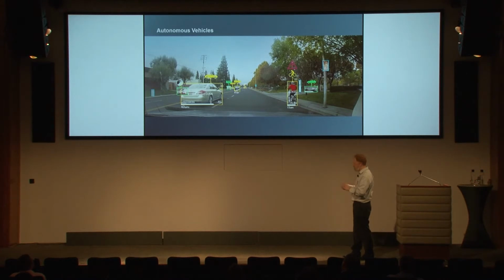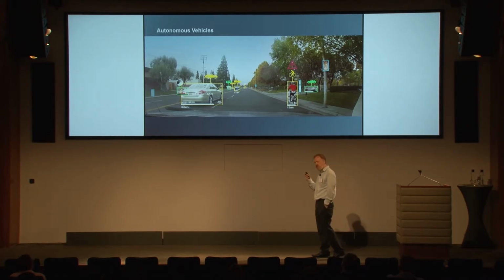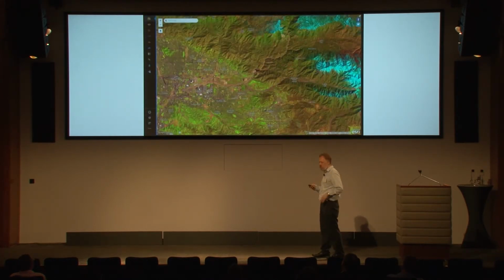Is it a person? Is it something hard that I don't want to hit? Is it something squashy that I probably shouldn't hit? So there's been a lot of advances driven by autonomous vehicles. But one of the really interesting things is you can take those same models, that have been trained on huge amounts of data, and apply them to Earth observation challenges.